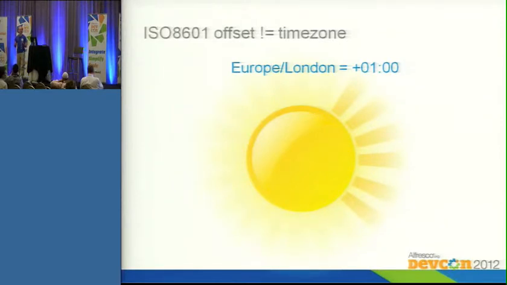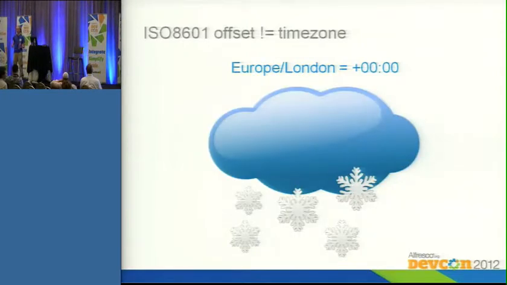The problem with using offsets is that they're not the same as time zones. So in the UK, during the summer, our offset is 1 hour, so we're 1 hour ahead of UTC. But during the winter, we're back on UTC, so our offset's 0. So the offset changes in a time zone depending on the time of year, if that time zone uses daylight saving times.